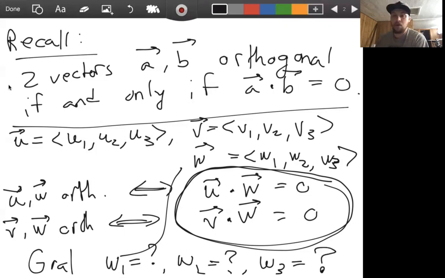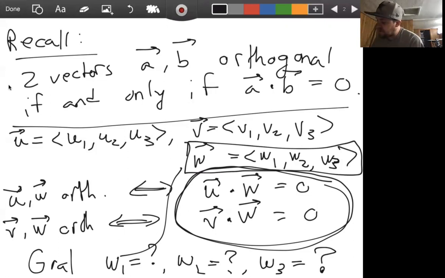Because if we can figure out what w1, w2, and w3 should be, we know explicitly what the vector w needs to be. So we need to unpack the definitions of the dot product here, u dot w and v dot w, and see if we can solve for w1, w2, and w3.